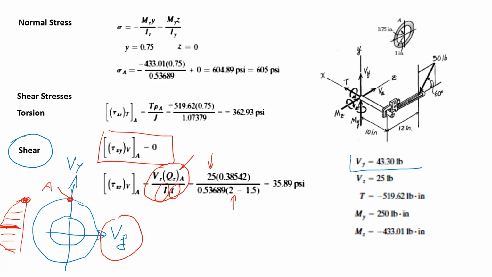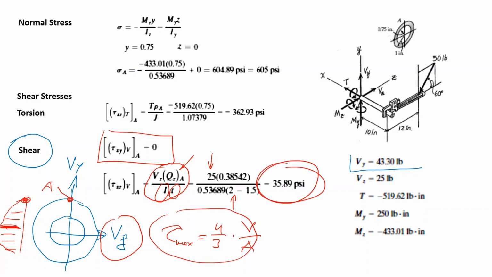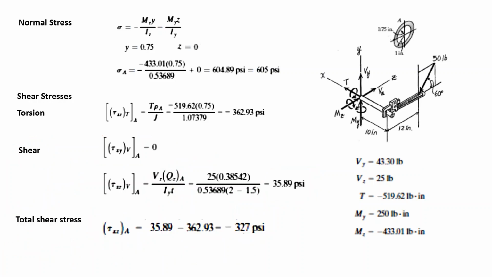But we already know that there is a simpler formulation of the tau max. If you have a circular section, you can take V and divide it by the area and find the same value by using this simple formula.